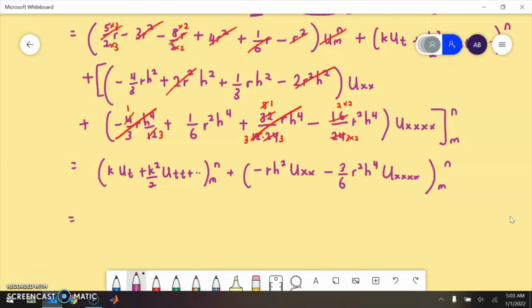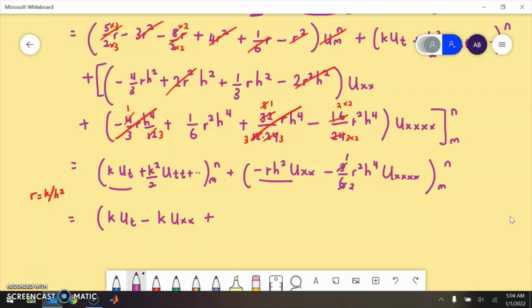Now, since we know that r equals k over h squared, this will give me k ut, and let's take this term, minus r equals k over h squared. So I have k uxx, and then this term here, since this is half, let's simplify.